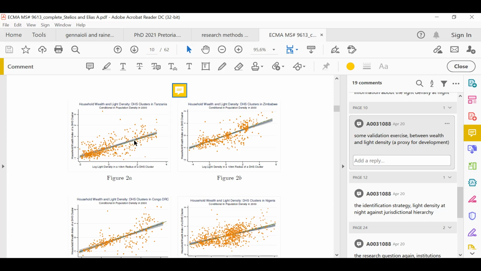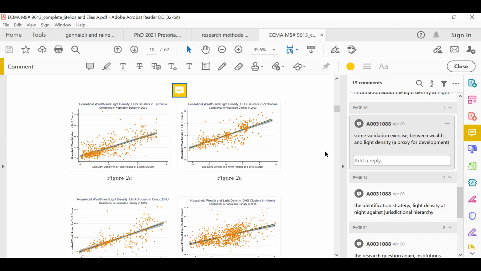This is not the regressions they're going to do later on, though. This is just a validation. They are just showing us that there are positive correlations between GDP or wealth or income and lights, so that they can actually use light density as a proxy for development.